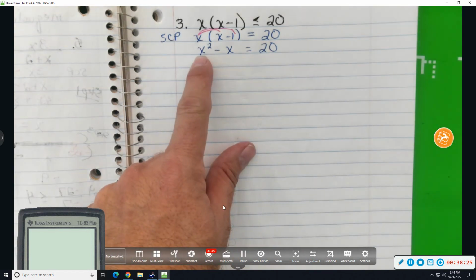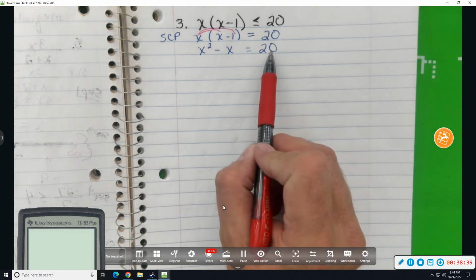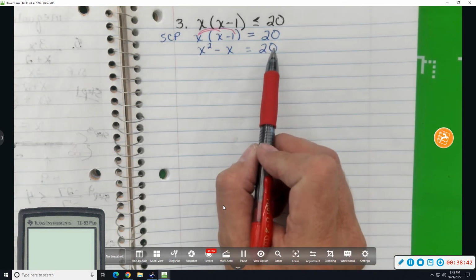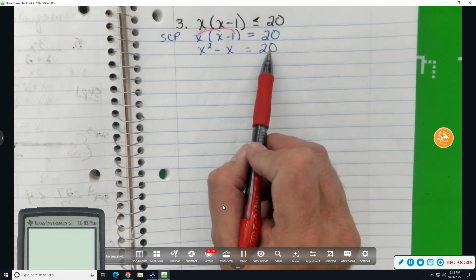We have 2 primary methods for solving quadratic equations: the quadratic formula or factoring. Regardless of which method you want to use, you've got to have what number on one side? Instead of this 20, what number should be there? A 0.